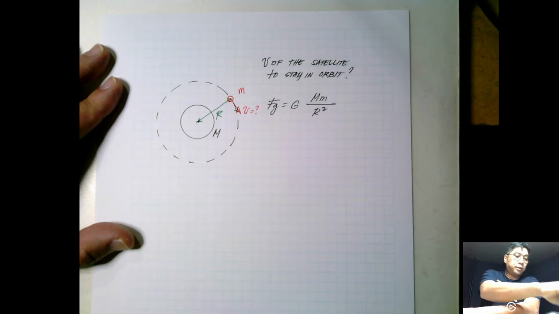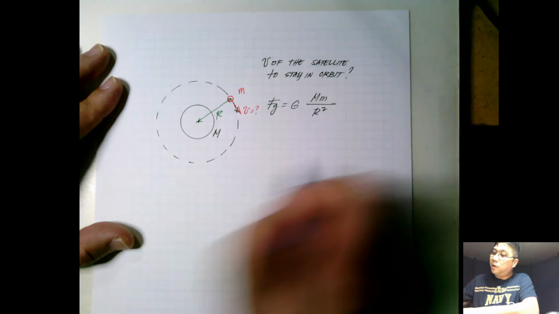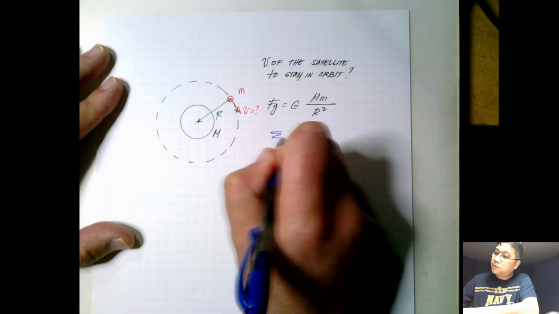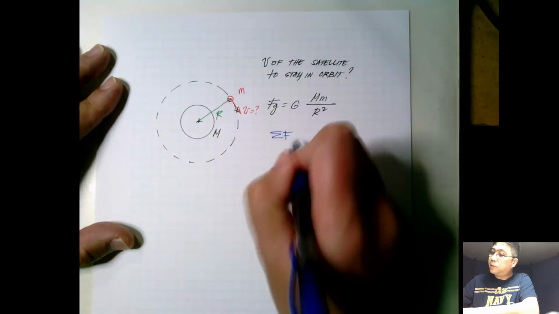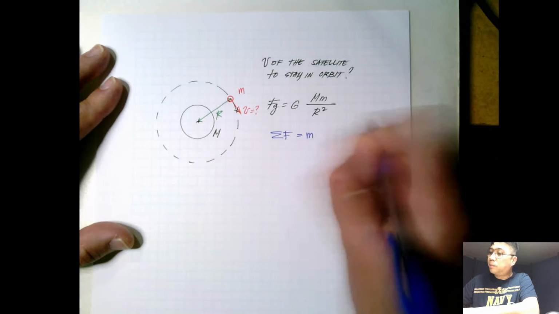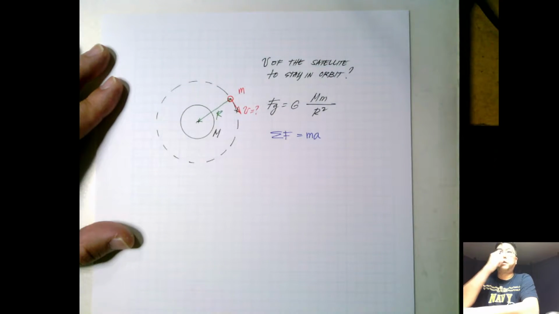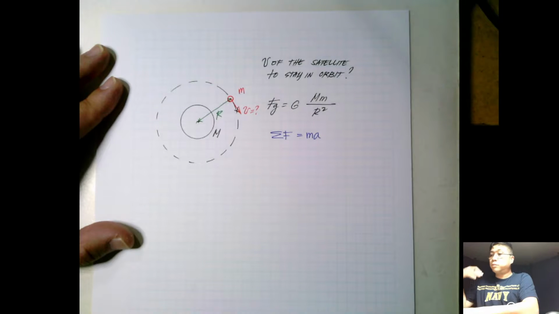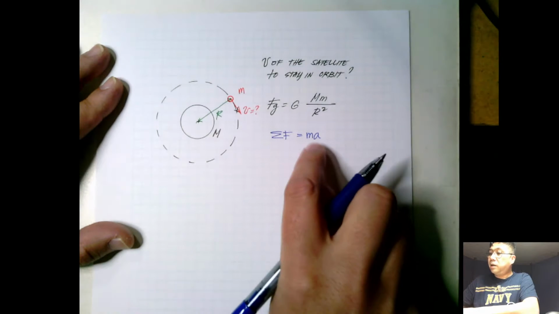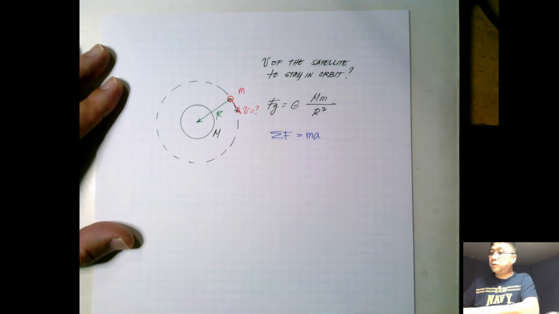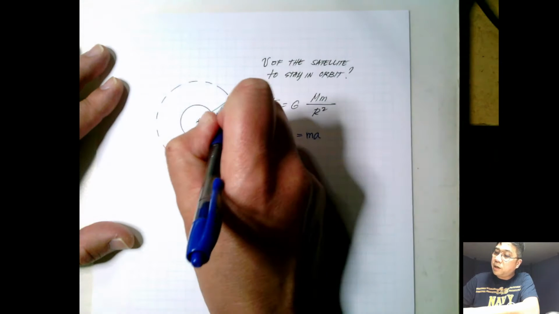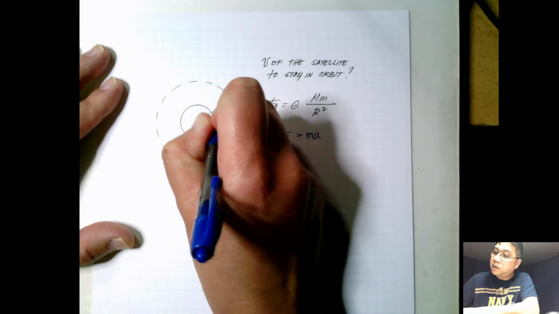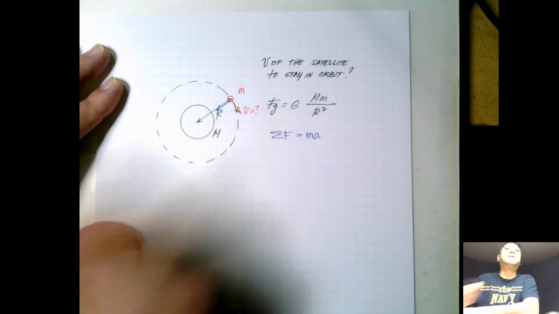So how do you figure out this v? Let's get back to a lesson on circular motion. The net force is equivalent to the mass multiplied by the acceleration, Newton's second law of motion. But since the object is moving around in circles, we change the acceleration into centripetal acceleration, which is going towards the center.